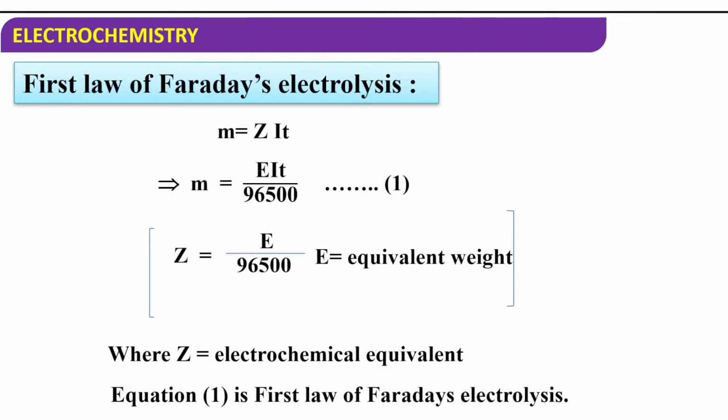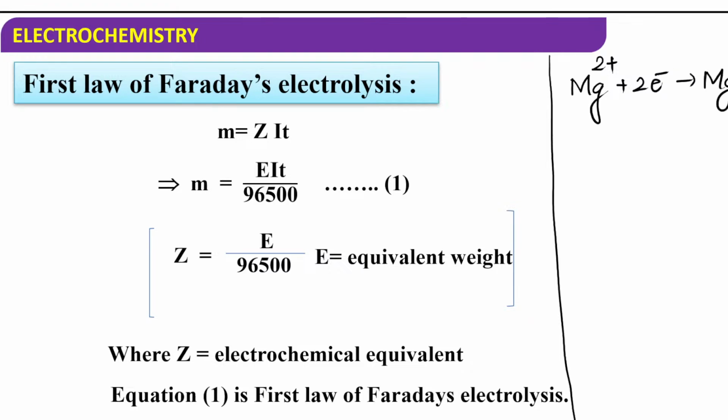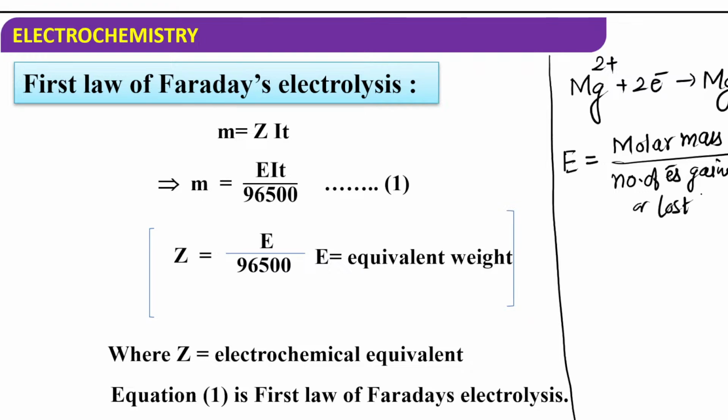Now this equivalent weight, how do we calculate equivalent weight? For example, if we have Mg2+, it will gain 2 electrons to get solid Mg. So equivalent weight is equal to molar mass divided by number of electrons gained or lost.